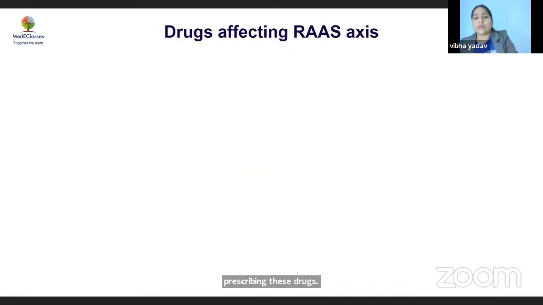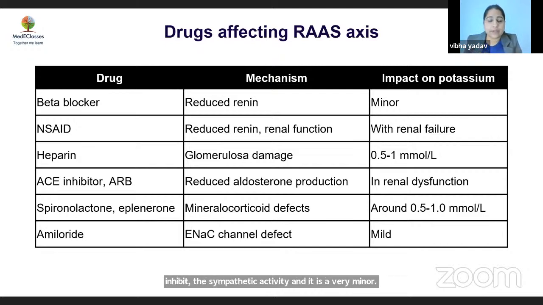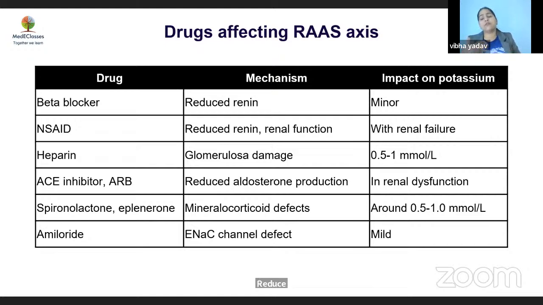Now the drugs that will affect the RAS axis. Beta blockers like propranolol inhibit the sympathetic activity and have a very minor impact on the potassium levels. NSAIDs decrease the renin activity and renal function, and they worsen the hyperkalemia with renal failure.